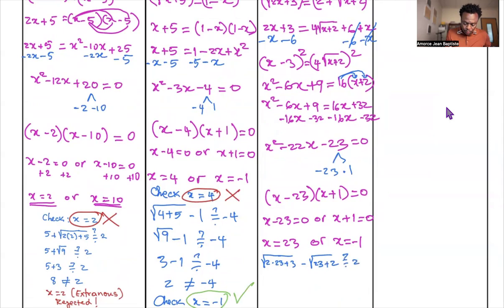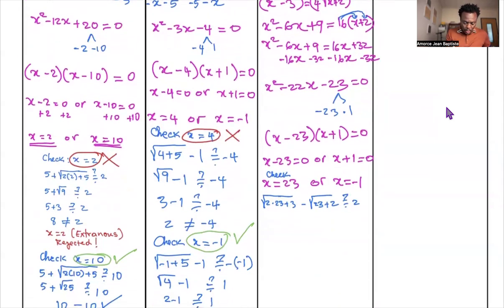I'm checking the first one here. So that is going to be square root of 49 minus square root of 25. Is it 2? So that's 7 minus 5. Is it 2? 2 equals 2. Check.